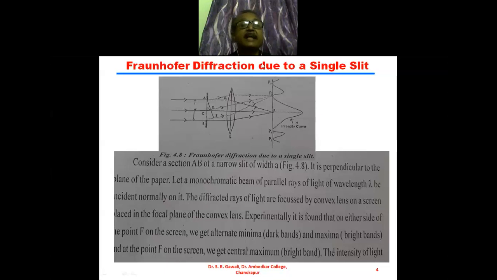These three are the parallel rays of light. Parallel rays of light means the source of light and this diffracting obstacle AB are at an infinite distance. The distance between the source of light and the diffracting obstacle is going to be infinite, and therefore the parallel rays are coming out from the source of light. Parallel rays are coming out and they are incident on the diffracting obstacle AB.